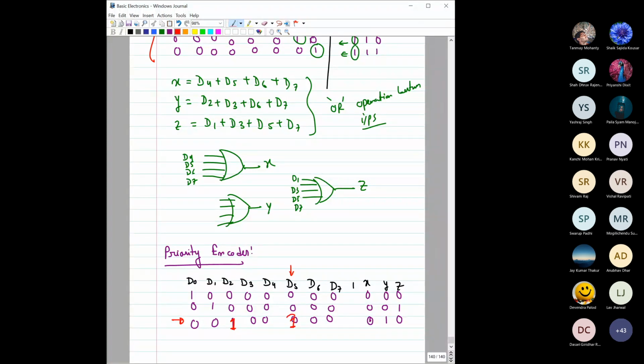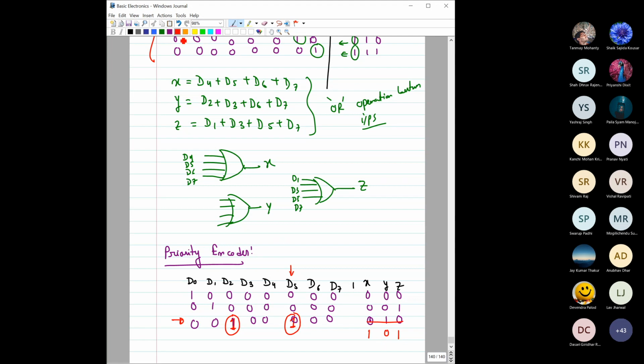So it will consider D5 as the only 1, and it will discard the fact that D2 is also 1. So the output it will produce will be equivalent to 5. That means at the output we will get 1, 0, 1, which is equivalent to 5.